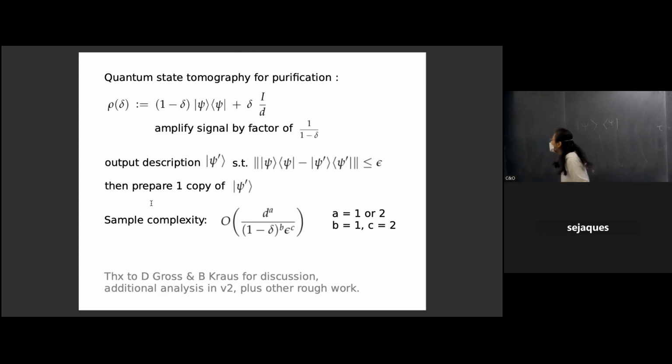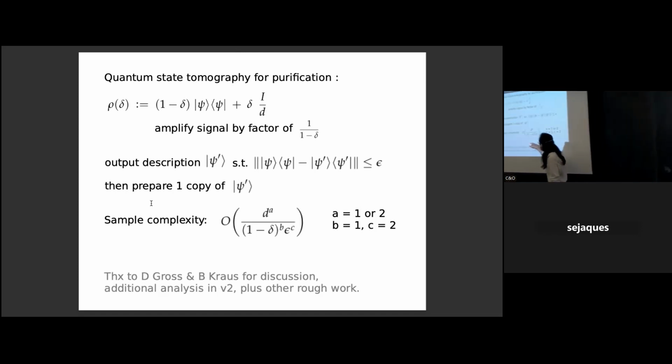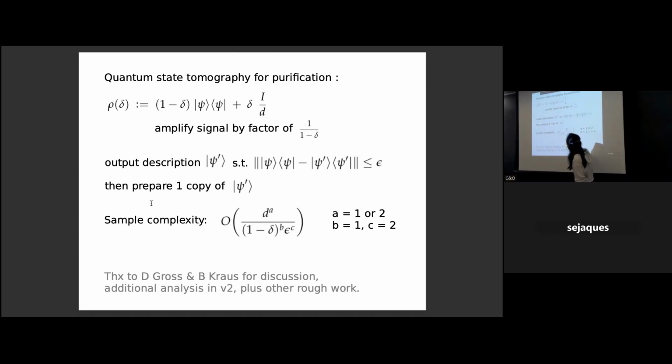If you use this method, you will have a sample complexity which is 1 minus delta to the power of some exponent, and the dimension's power is 1 or 2, depending on whether you use the swap test method. If you use the swap test method, it has to be power 2. But if you allow some collective measurement between different copies, it can be power 1.